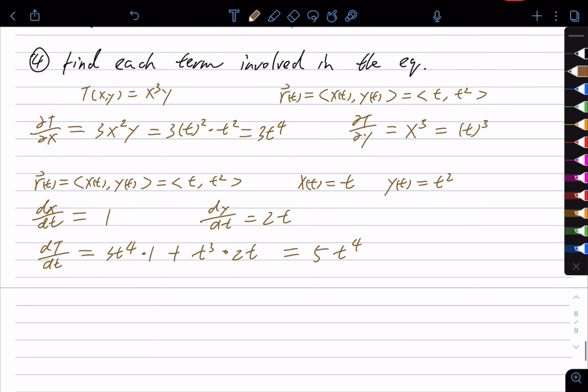And then we're going to find the final step, which is plug in the value of the independent variable.